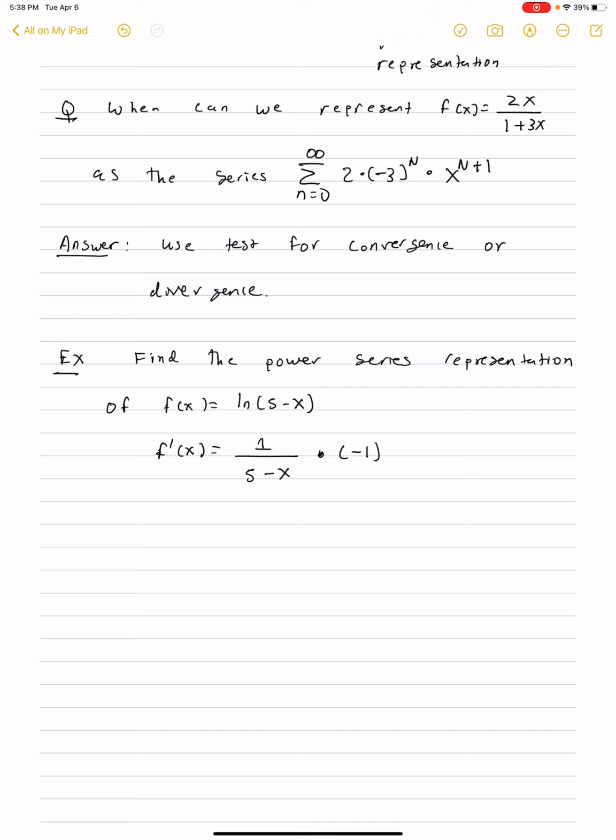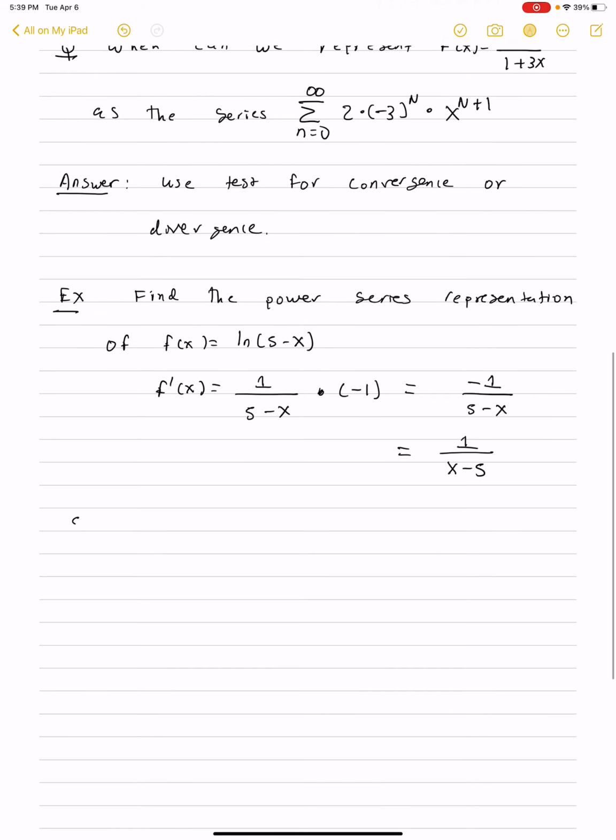And this minus 1 power I can distribute to the denominator if I want, or I can keep it as it is. I'll keep it as it is for now. This will be minus 1 over 5 minus x. If I put it in the denominator, this would be 1 over x minus 5, just swapping the role of the negative in the denominator. They're all the same.